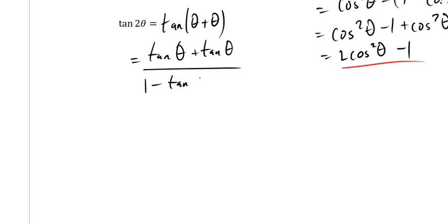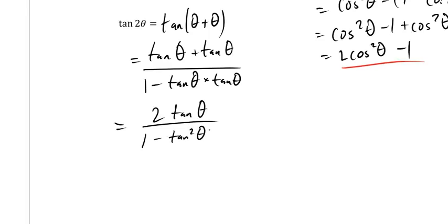You got to get the formula right, but it's two tan theta over 1 minus tan squared theta. Okay. Very good. Any questions? And formula.